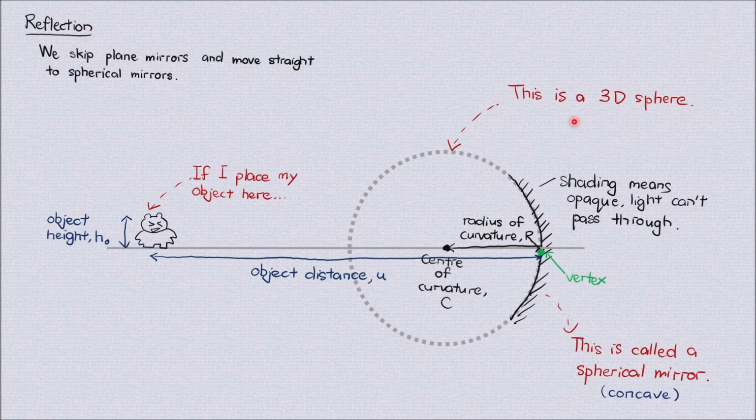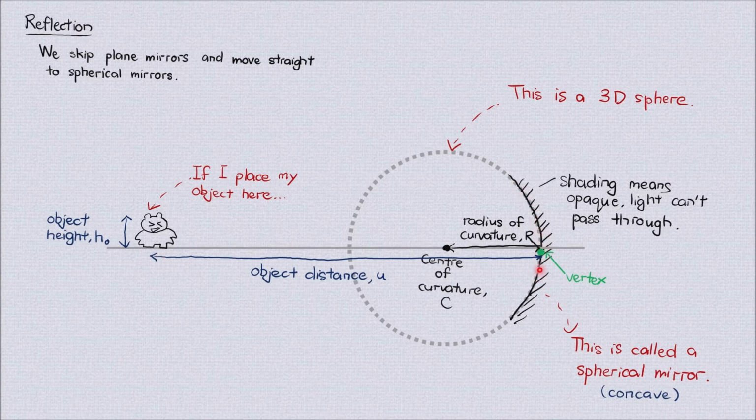Now if you place an object over here, in this case a cute teddy or bat, I'm not sure, some kind of stuff, we will call this thing here an object. The distance of that object from the vertex of this mirror.